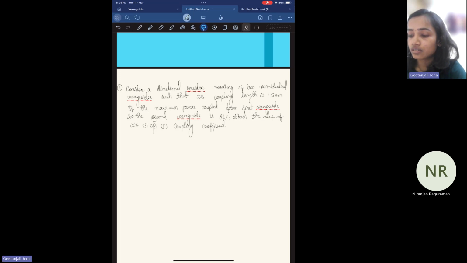This is the general definition of a directional coupler. And if you recall the power distribution for non-identical waveguides, let's say we have waveguide 1 and waveguide 2. The distance between them is small so that interaction can take place between these waveguides.